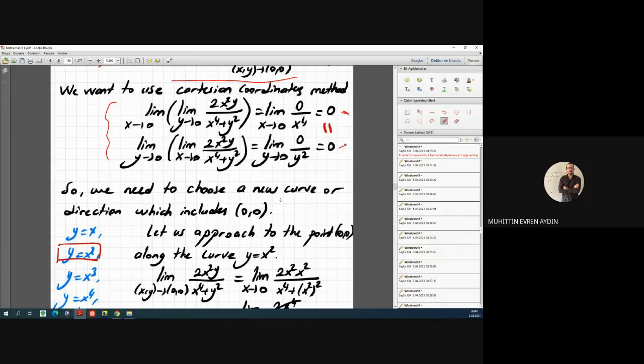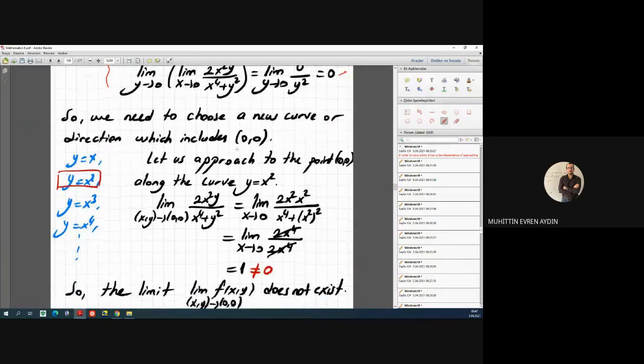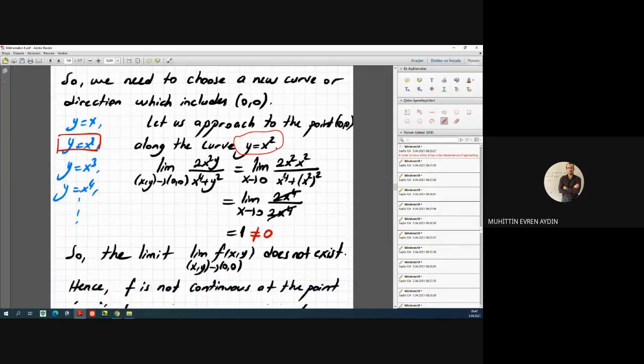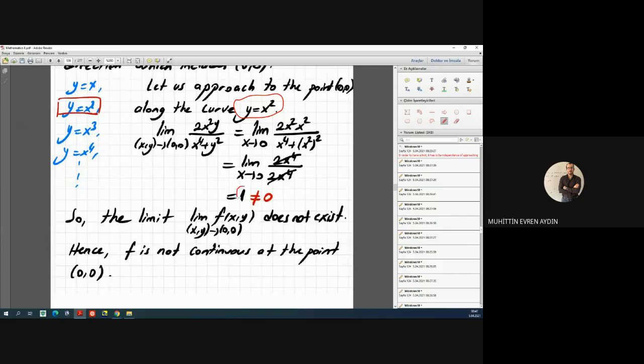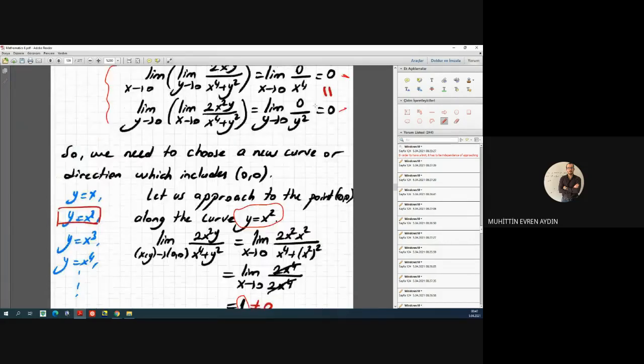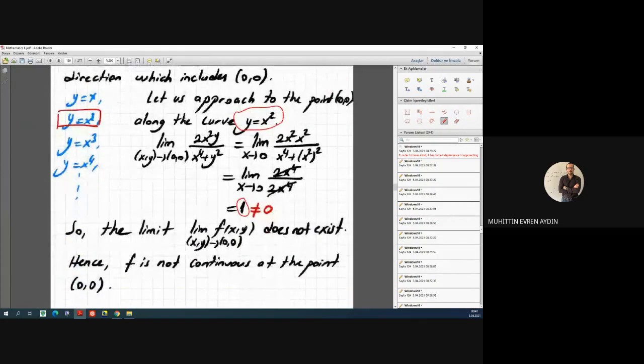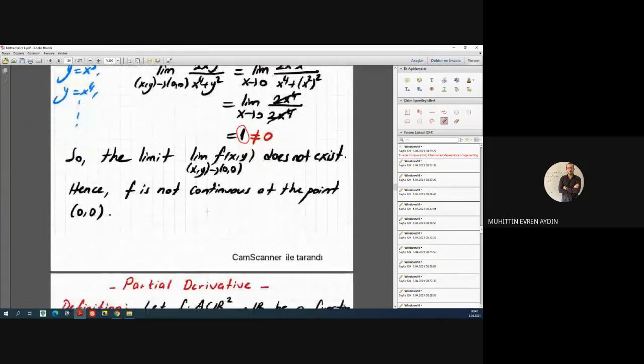So we need to choose a new curve. Let's choose a parabola passing through the origin. If we replace y with x squared, we obtain 1, a constant function. And of course, the limit is itself. So 1 is different from those limits, which means that the limit does not exist. So our function is discontinuous at the origin.